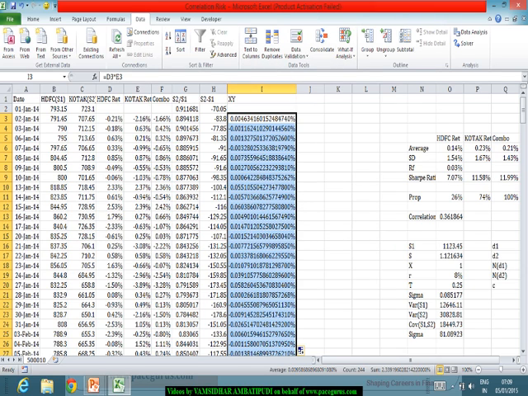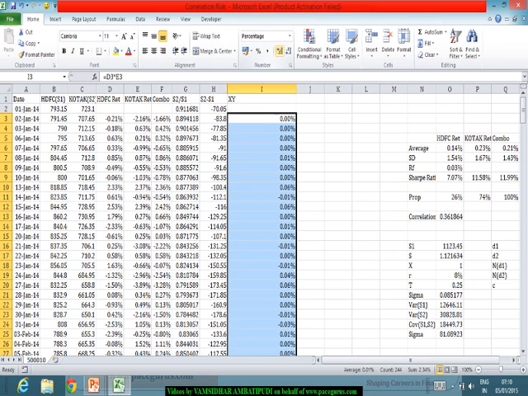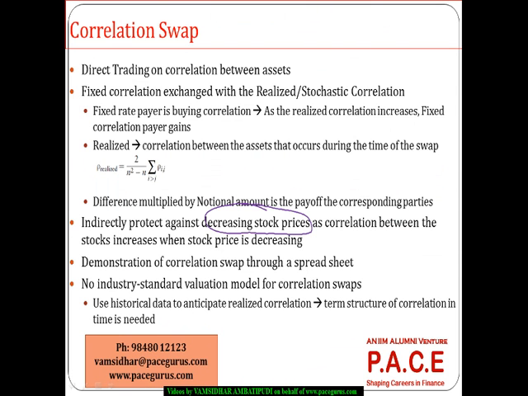If you look at the way we use the GARCH models, we say the covariance between x and y, we take it as the expectation of xy minus the expectation of x multiplied by the expectation of y.